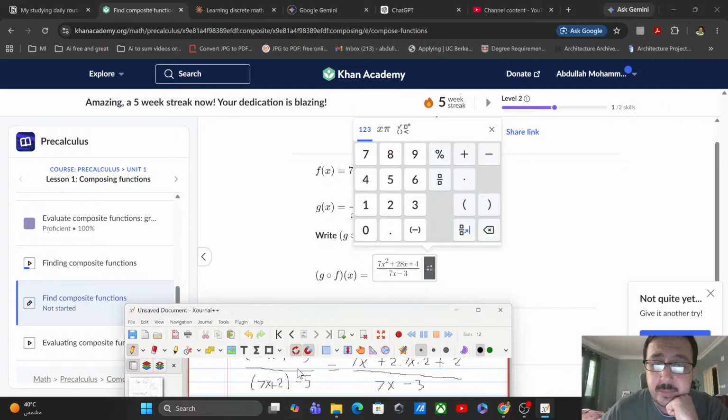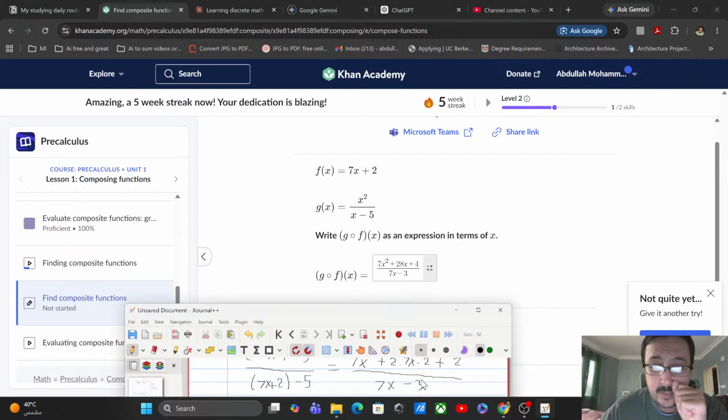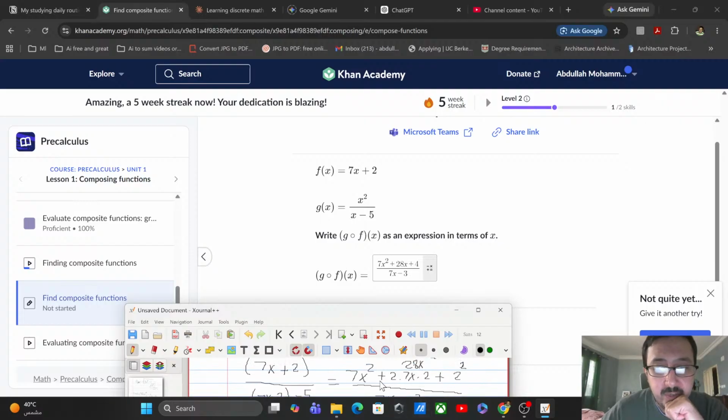Is this a multiplication? I don't think so. It's not a multiplication, it's a minus. So, holding on, 7x plus 2 minus 5. What's happening here?